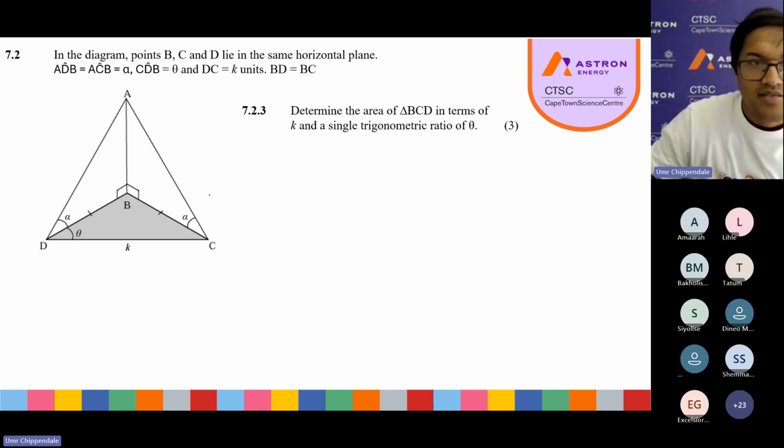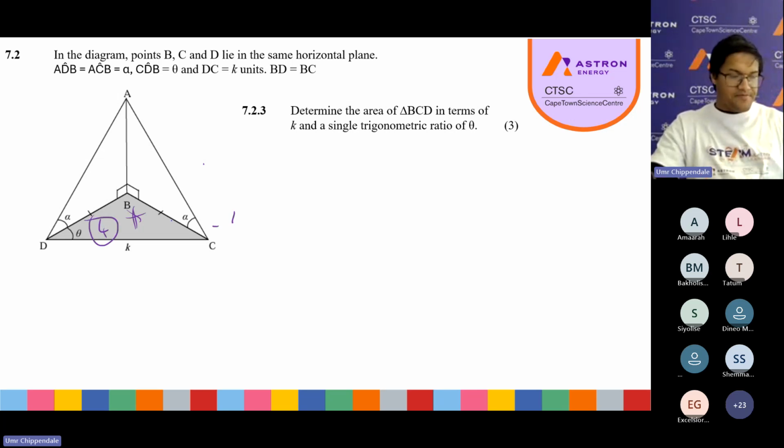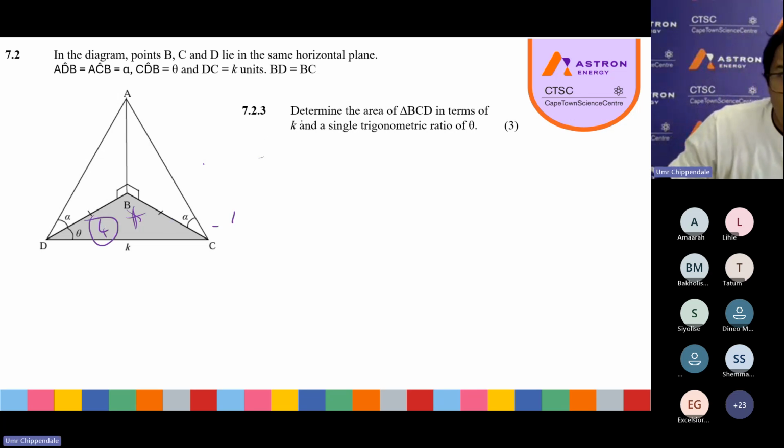So in triangle BCD, here are our B, C, and D. It's the bottom triangle again, or basically triangle 4, when we named it earlier. They're wanting the area, so we say area of, always state which one you are working with, triangle BCD.